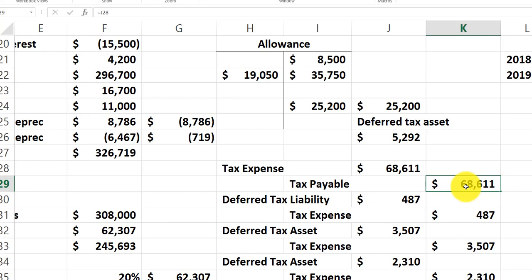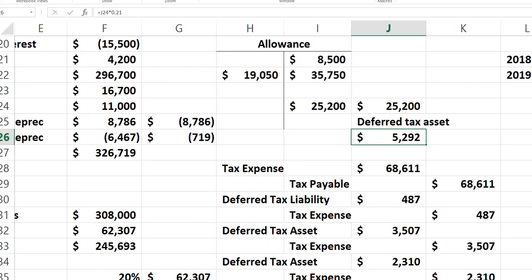Journal entry number 1. Then if we consider each of our temporary differences separately, we go back to bad debts. We figure out that we have an allowance of $25,200, which gives us a deferred tax asset of $52.92.